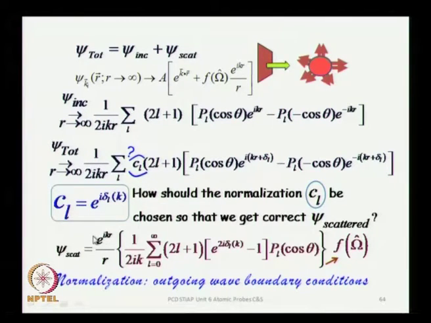There is no ingoing component in the scattered wave, which is why this is called normalization according to the outgoing wave boundary condition. And you have got the scattering phase shift, which we know is coming from the potential itself.